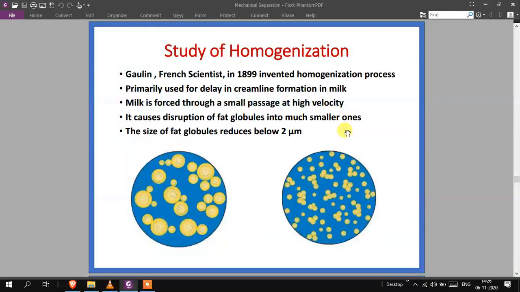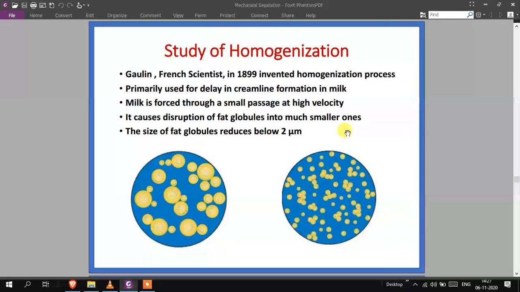The size of the fat globules ranges from 1 micron to 20 microns. They vary in number. Some may be 1 micron, some 2 microns, some 10 microns, and some have a diameter of 20 microns. It depends upon the type of milk and the breed also.